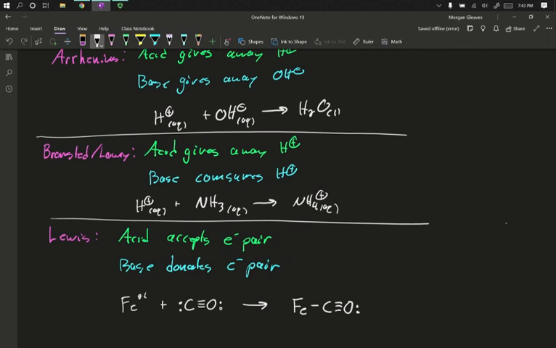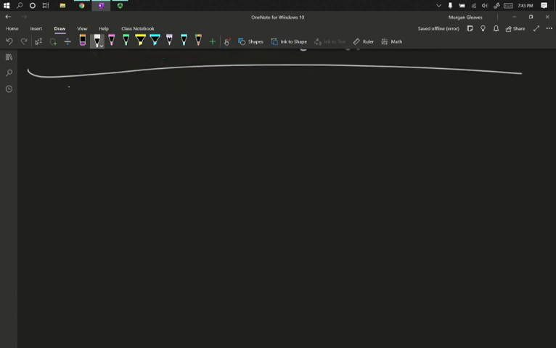Any molecule that can give away an H+ is an acid. Any molecule that can accept or consume that H+ is a base. Quick examples of acids, things like HCl, H2SO4, HNO3, but also things like acetic acid, usually shortly written as HAc, this is vinegar, or HF, carbonic acid, H2CO3.